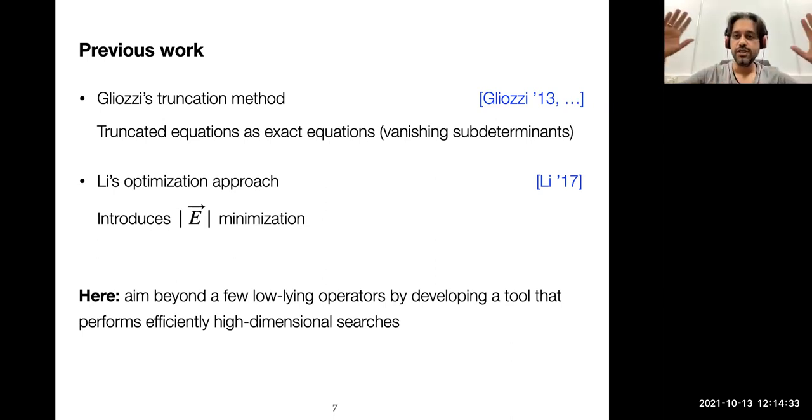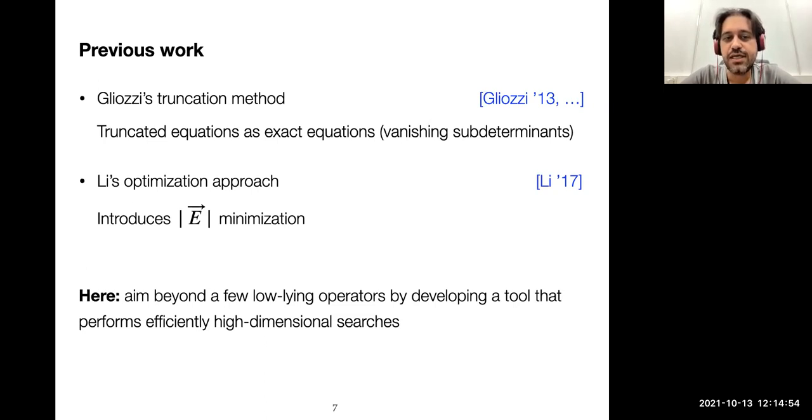He wanted to get actual solutions for these equations. Obviously, this is not going to always work, but sometimes it works. And by setting to zero the subdeterminants, he was able to get the data for the low-lying scaling dimensions.